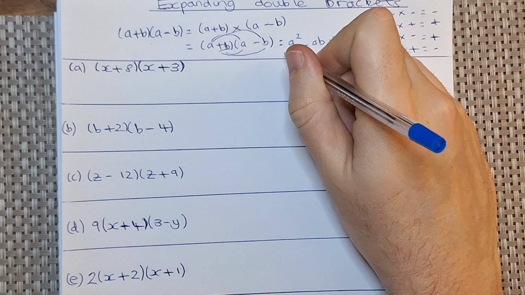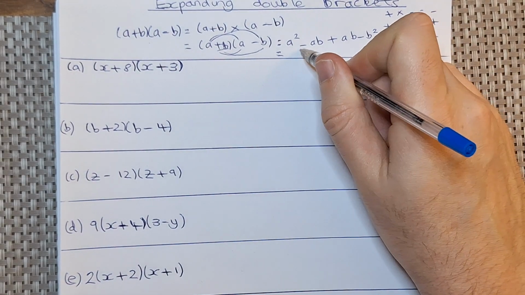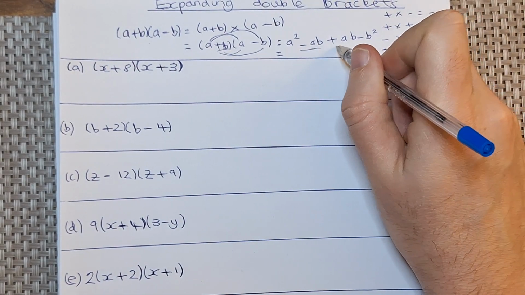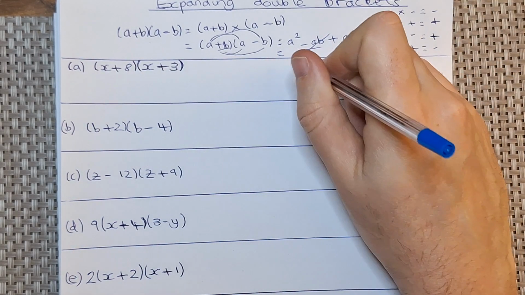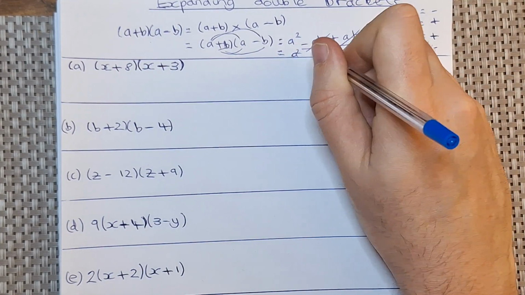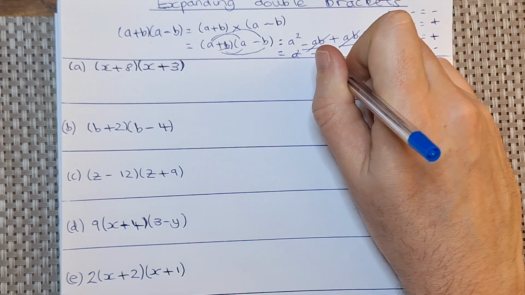And if we simplify that, minus ab plus ab is going to cancel each other out, 0. I'm simply left with a squared minus b squared.